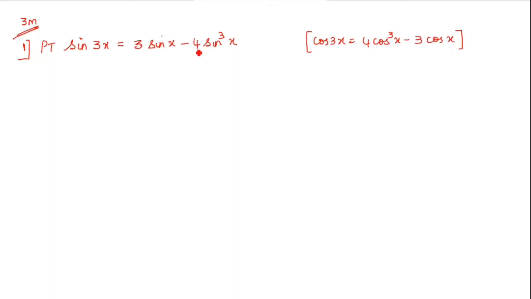But when 4 comes, you have to write cube. If sin 3x is asked, all the terms are in sin itself. If cos 3x is asked, all the terms are in cos itself. For sin, 3 comes first. For cos, 4 comes first. When 3 is there, no writing cube. When 4 is there, you are writing cube. This is a simple logic which just came to my mind when I was teaching students.